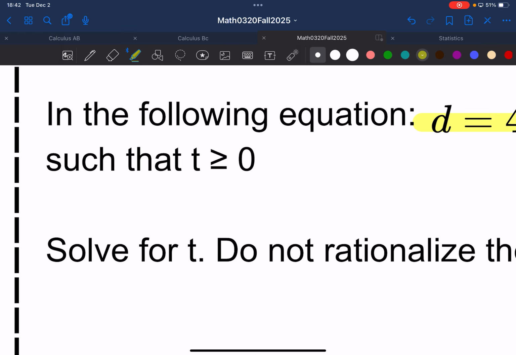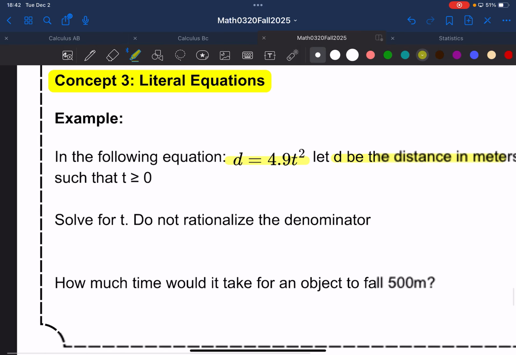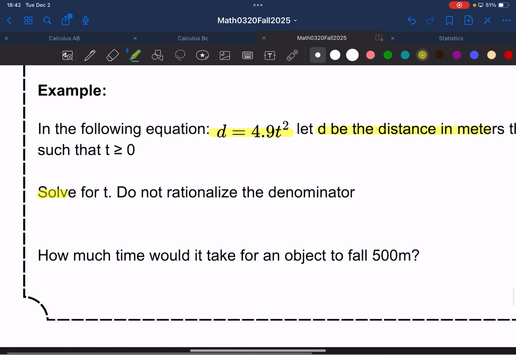Can you have negative seconds? No, only positive seconds. So it wants us to solve for t, and it says do not rationalize the denominator, which means it's okay to have a radical in our denominator for this case because they told us do not rationalize. So we have d is equal to 4.9 t squared, and we're solving for t.